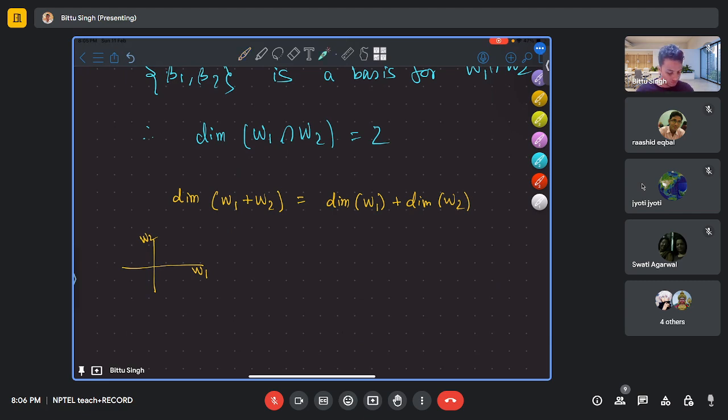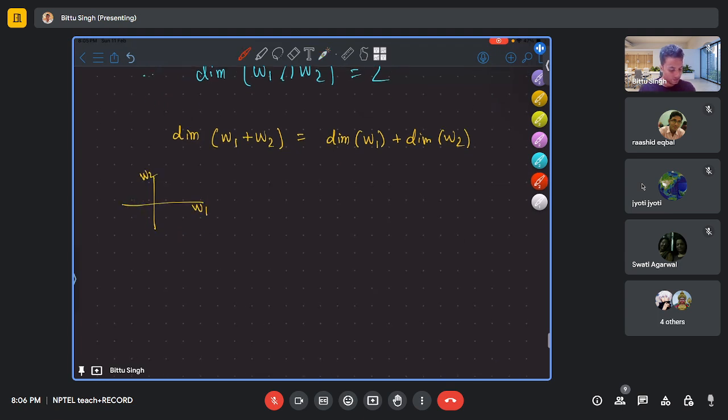Both are of dimension 1, because W1 is generated by E1 and W2 is generated by E2. We also note that the whole thing is generated by E1, E2. So we may expect the dimension of the whole thing to be the sum of the individual dimensions. Okay, but this is not true.